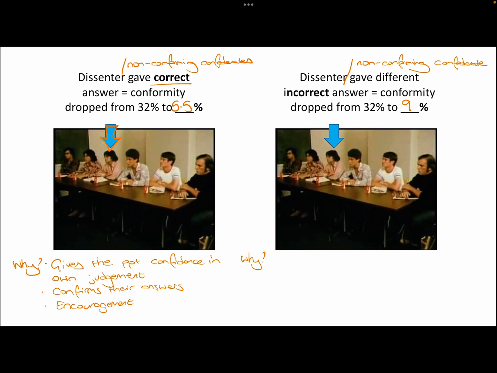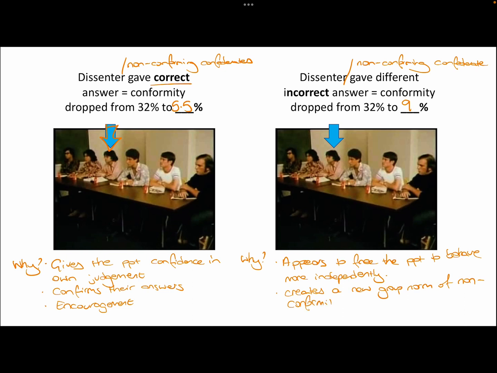Just having a non-conformist, even if they're not right, this appears to free the participant to behave more independently. It creates a new group norm of non-conformity. And we start to perceive cracks in the majority's unanimous view.